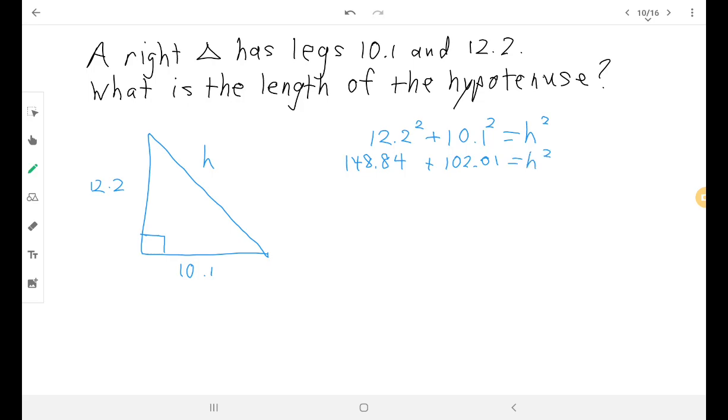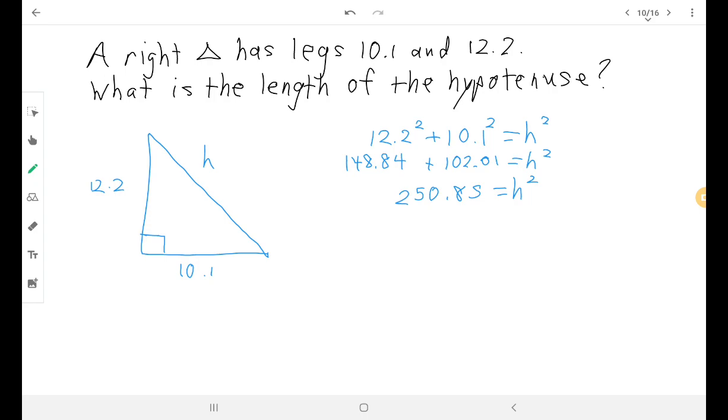So let's add those two numbers together. 102.01 plus 148.84 is 250.85, equals h squared.